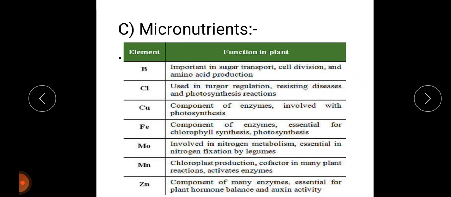After that, manganese is useful as an activator of many enzymes, has an important role in photosynthesis, and acts as a catalyst in oxidation and reduction, with essentiality in connection with iron and nitrogen metabolism. This is a very important role, and it is also very useful for legume crops.